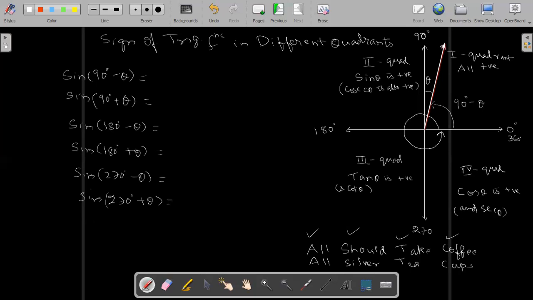Sine 360 minus theta is again the fourth quadrant, and sine 360 plus theta brings us back to the first quadrant. Got it? So this will tell you in which quadrant.